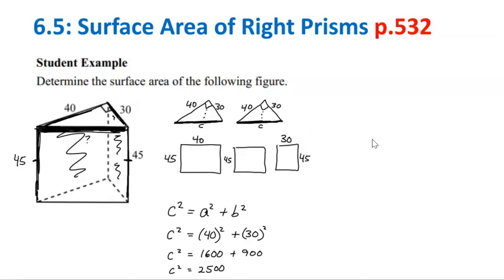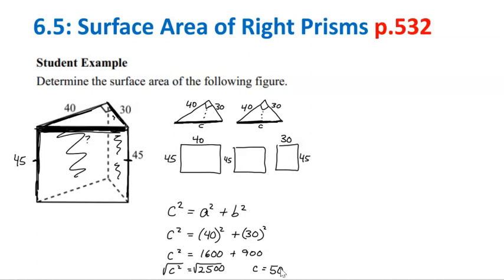And then we have to take the square root of that. So we now need to take the square root to get the side length. And so c is equal to 50.